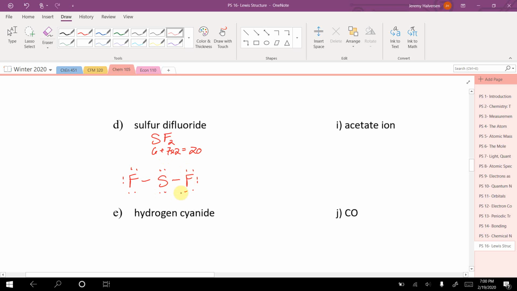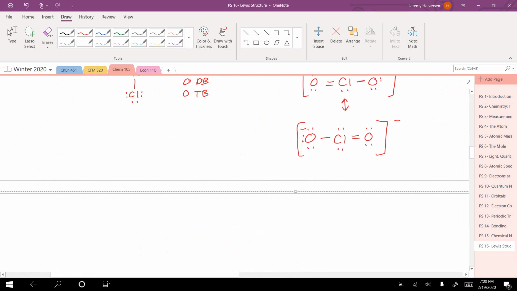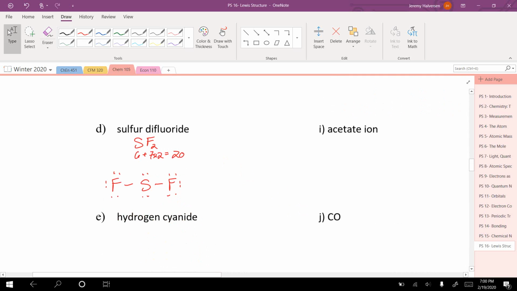Formal charges 0, 0, 0. And so that leaves me with this. Oh, I haven't. Okay, I'll jump over. This one has 1, 2, 3, 4, 5, 6, 7, 8 lone pairs, 4 bonding electrons, 2 single bonds, 0 double bonds, 0 triple bonds.